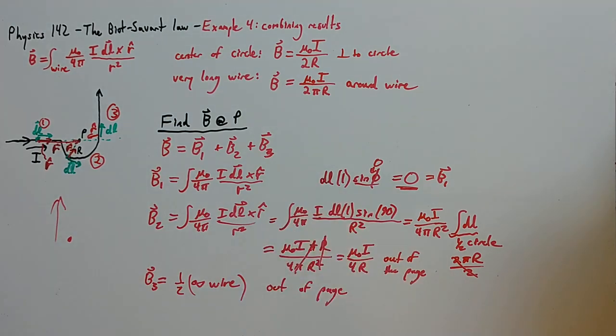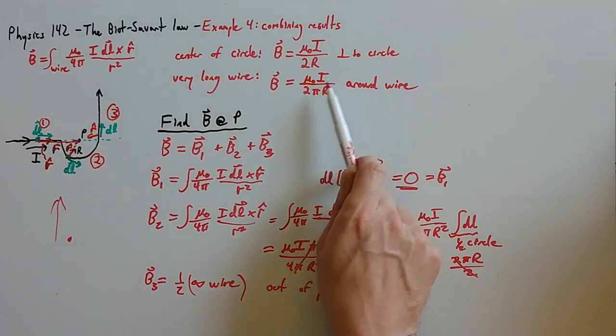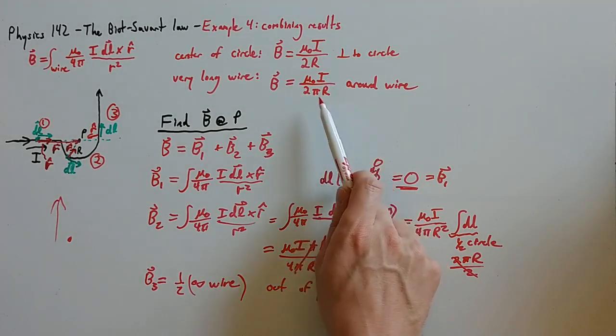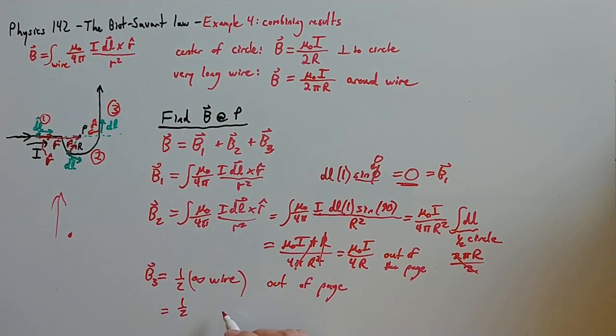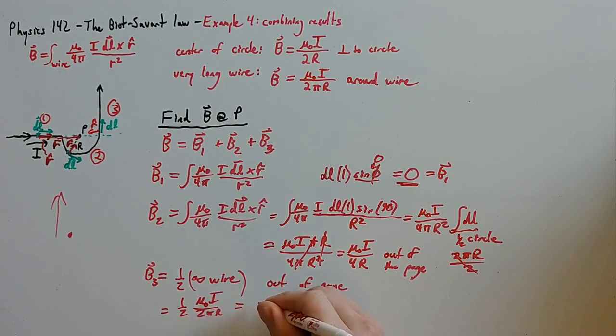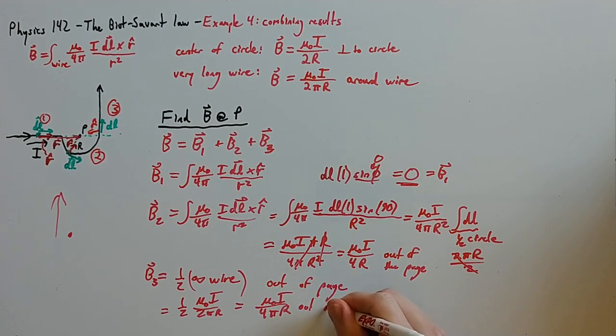And so what's half of an infinite wire? Well, one infinite wire is mu naught I over 2 pi r, so half of that is mu naught I over 4 pi r, out of the page.